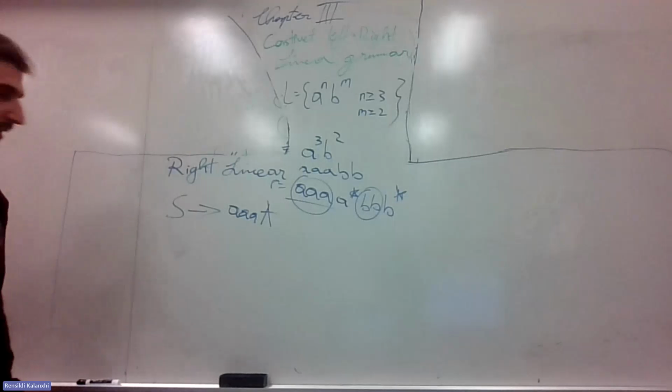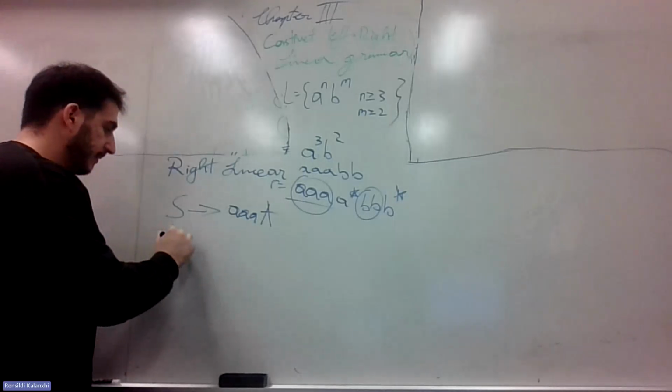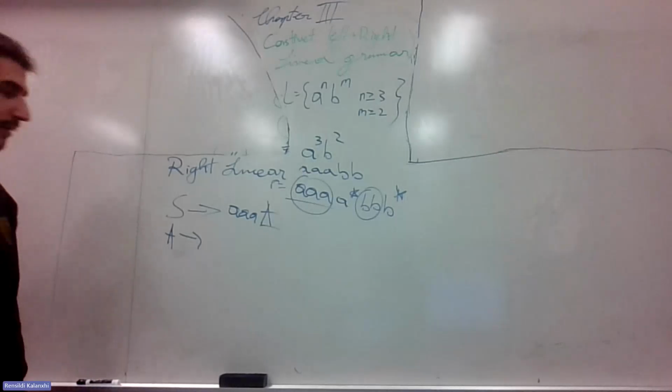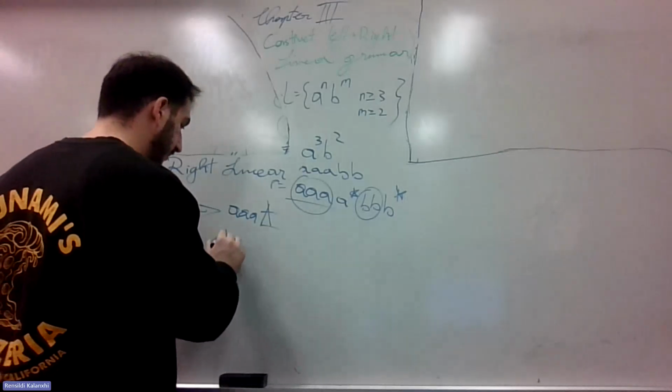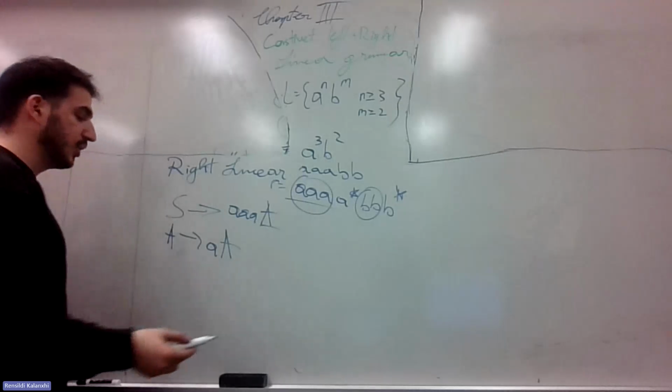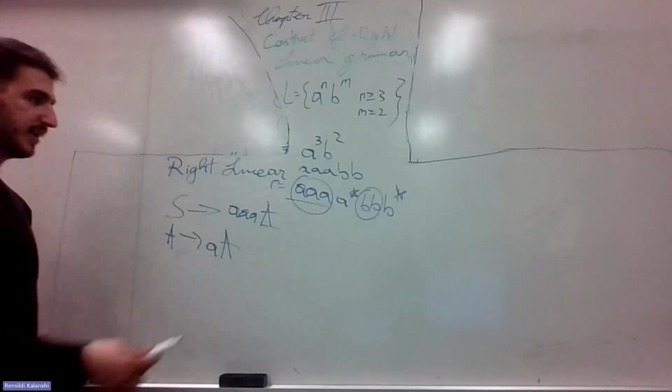Now for A, what are we going to choose? It's going to be either another A. The reason we add a capital A is so we can continue looping, because we have an A star.